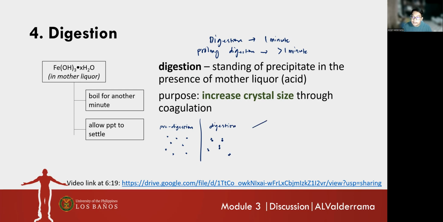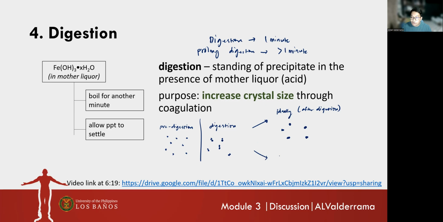So ideally, after digestion, the coagulated precipitate via increased crystal growth should appear as a bigger precipitate. Okay?